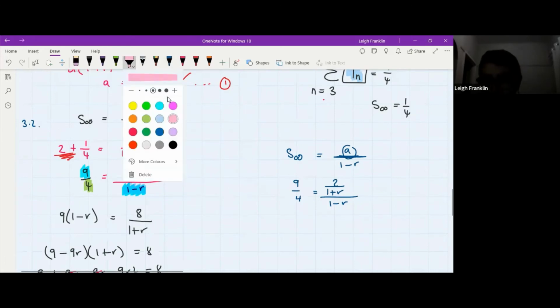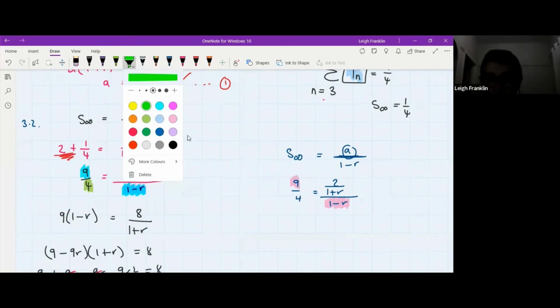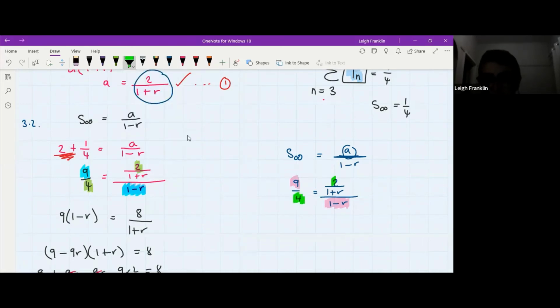I'm going to multiply this denominator over here with this numerator, and then multiply this denominator over here with that numerator over there. That's going to leave me with 9 times 1 minus r is equal to 8. 4 times 2 is 8, still over 1 plus r.